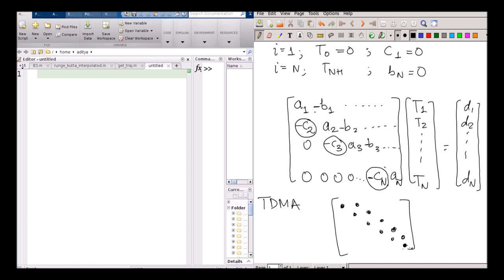and in doing the row and column operations we will end up with the last row which only has the diagonal element. And if it has only the diagonal element, we directly obtain a solution for Tn.